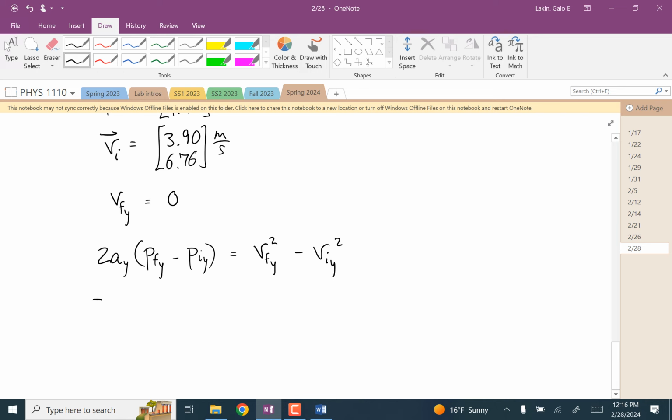So that says negative 19.62 times the quantity PFY minus 1.96 is equal to 0 squared minus 6.76 squared.